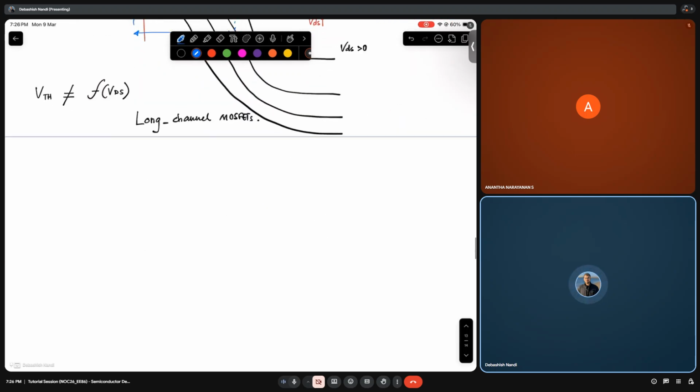Now let us draw the same case for a short channel device. So this is my long channel case, and for short channel, in one case, somewhere here is my channel length.